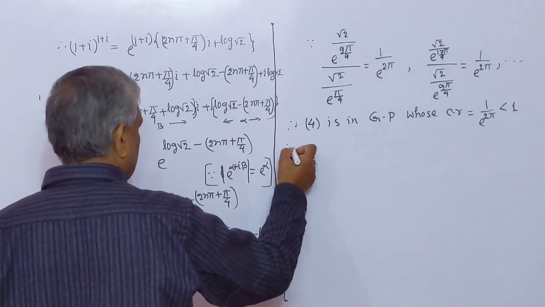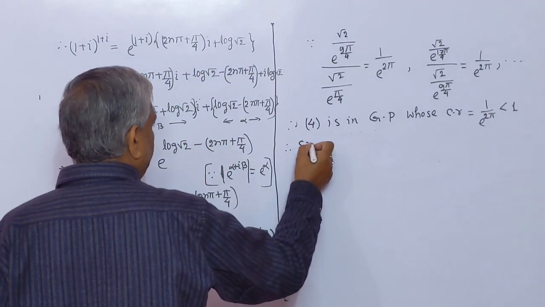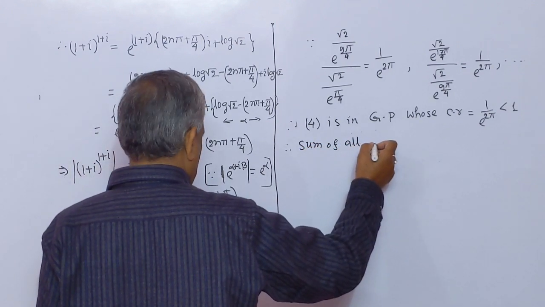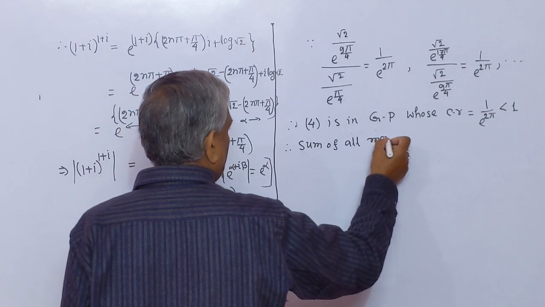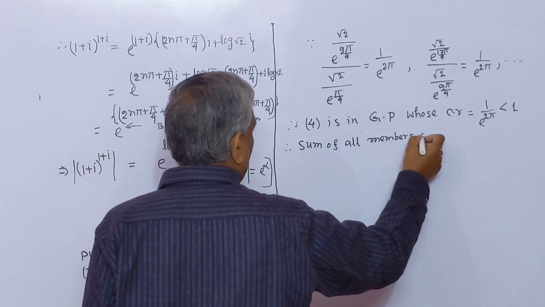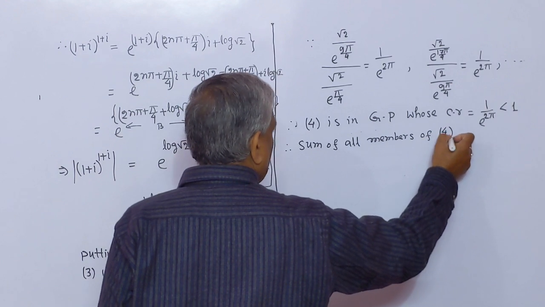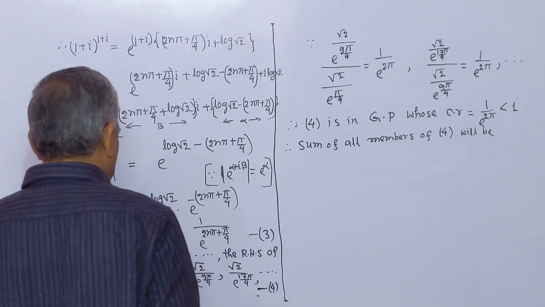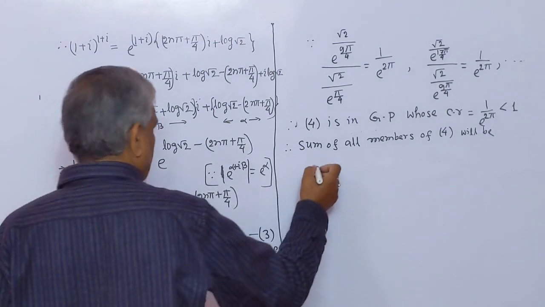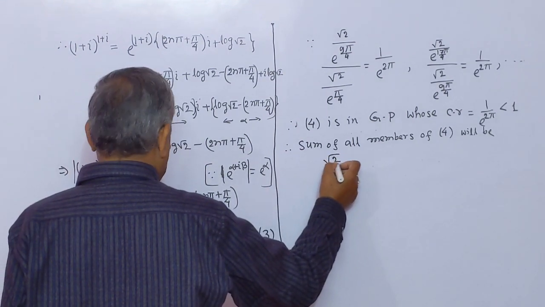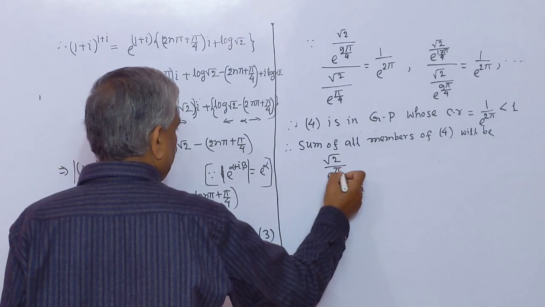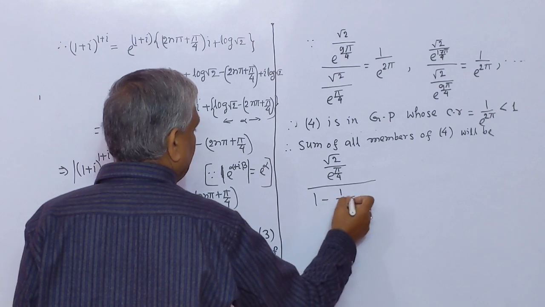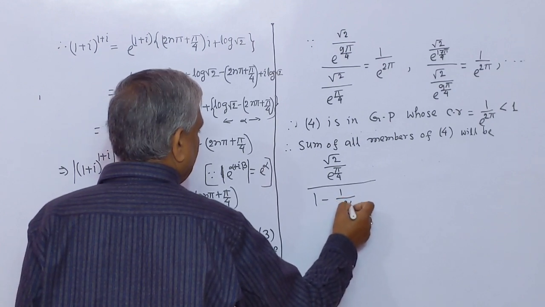Therefore, the sum of all members will be, first term √2/e^(π/4), divided by 1 minus 1/e^(2π).